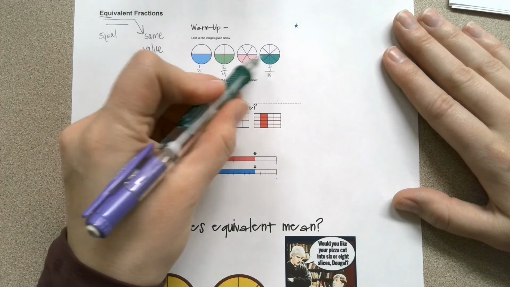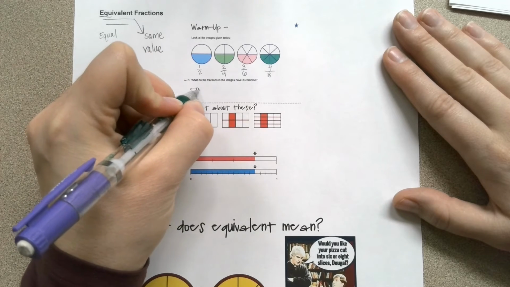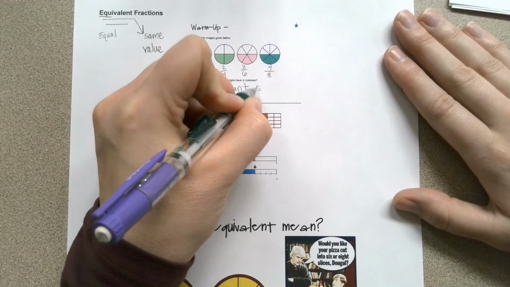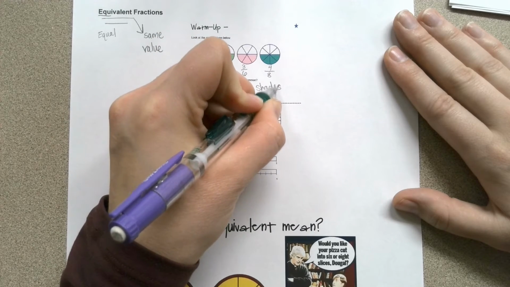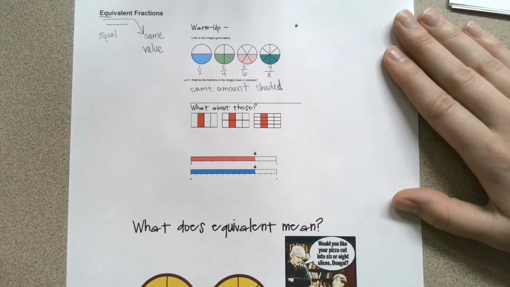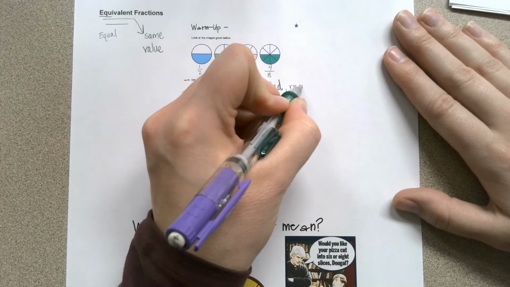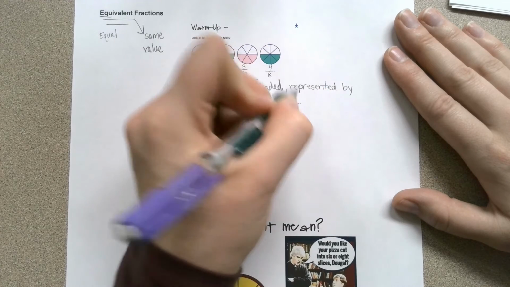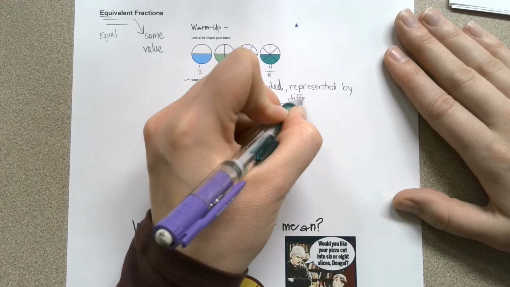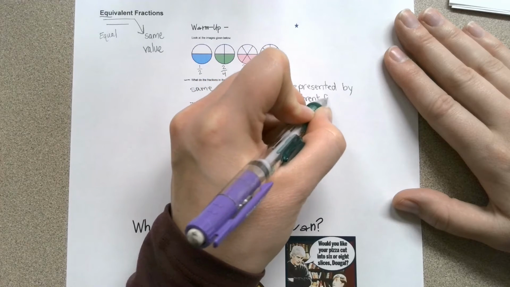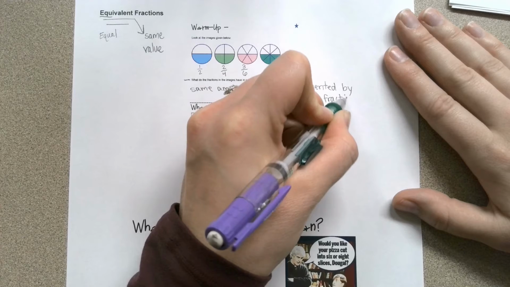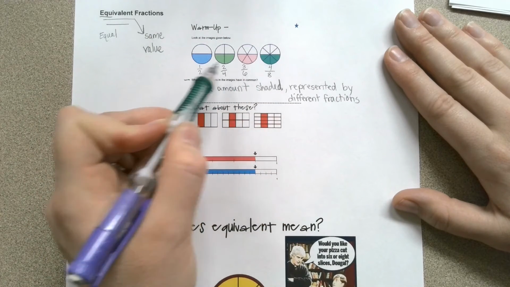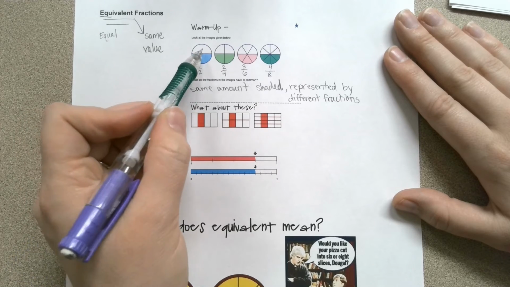We can see that each of them has the same amount shaded. They're just represented using different fractions. If we look at each of them, the bottom half of each of these circles is shaded, and the top half isn't.